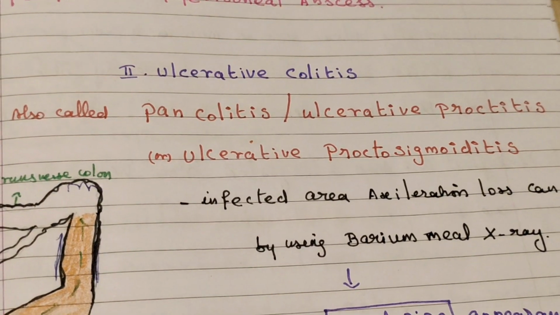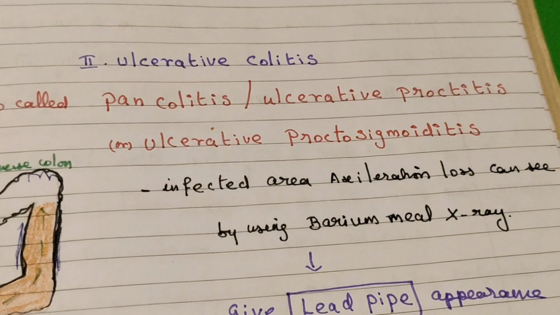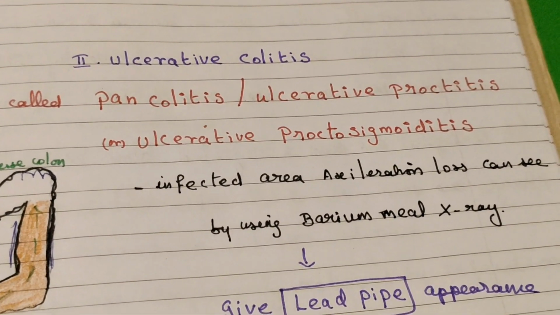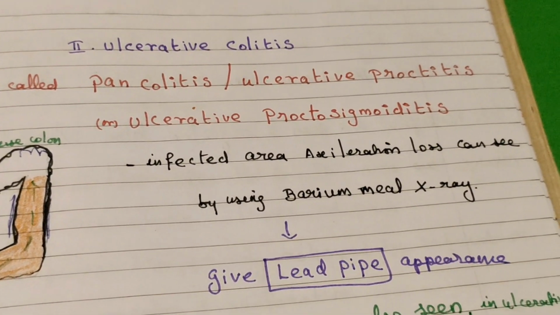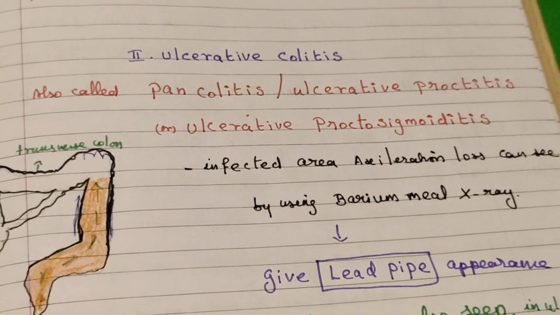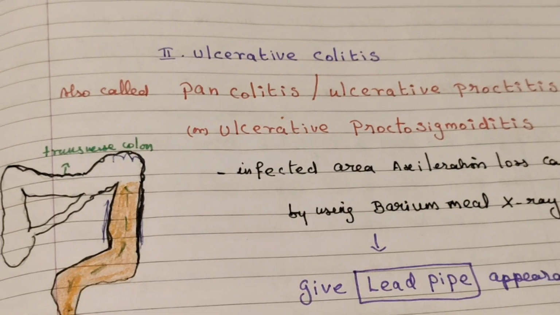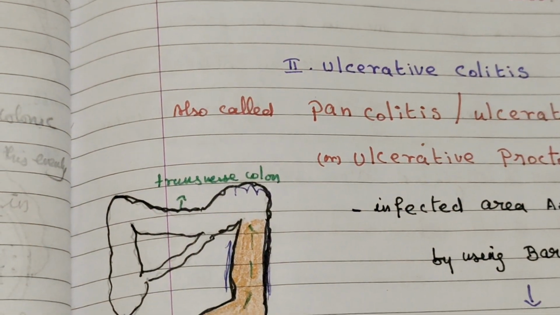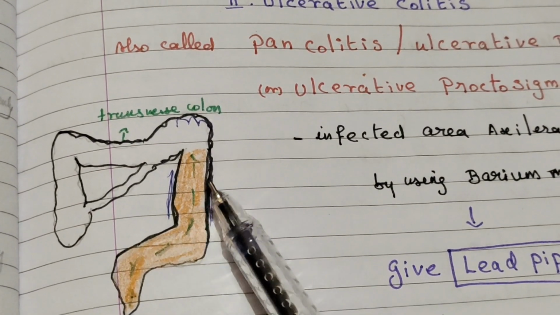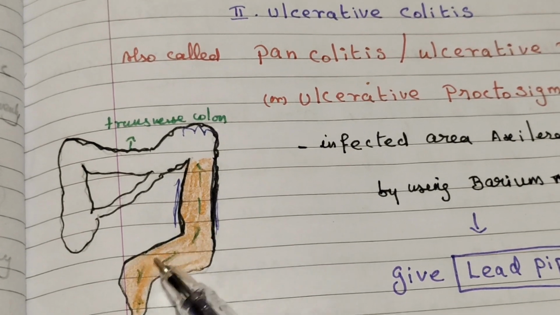The second one is ulcerative colitis, also known as pancolitis, ulcerative proctitis or ulcerative proctosigmoiditis. The infected area's haustration loss can be seen in the barium meal X-ray. Here the whole ascending colon is involved, that is continuous colonic involvement.